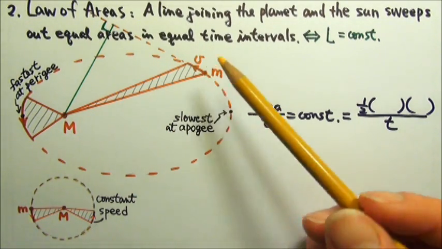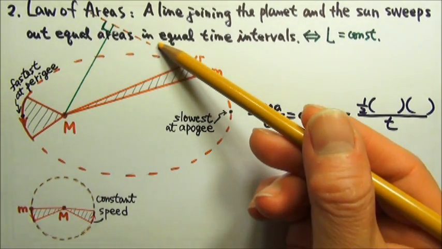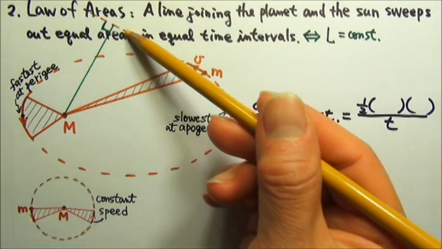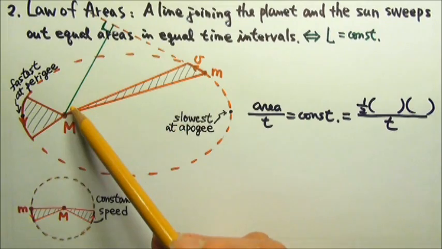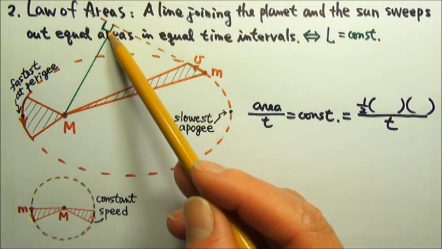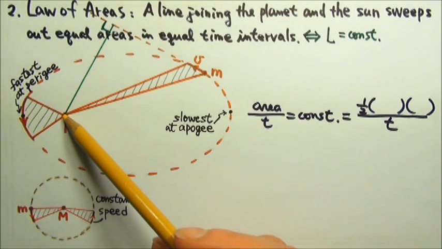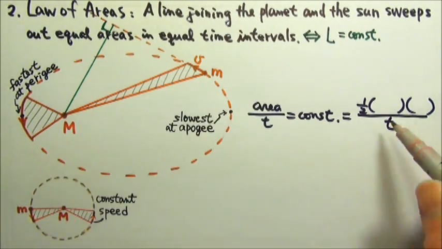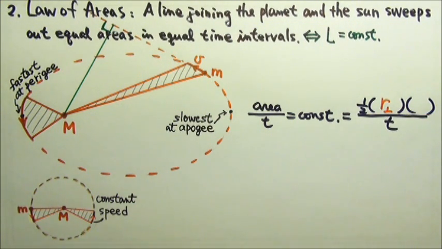When the planet is here, its velocity is along this line, which is a tangent to the path. So this is the line of motion of the planet. And that distance here is the perpendicular distance between the line of motion and the axis. So the height of this triangle is the perpendicular distance, the perpendicular r.